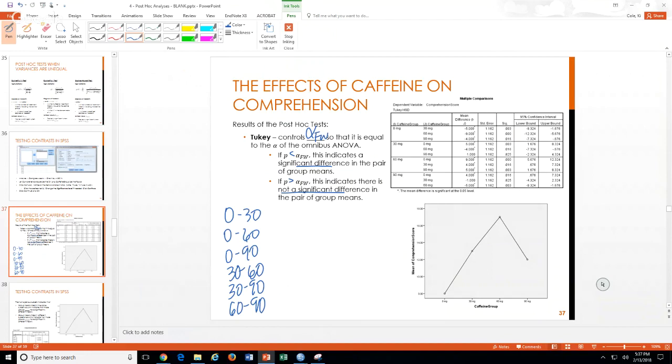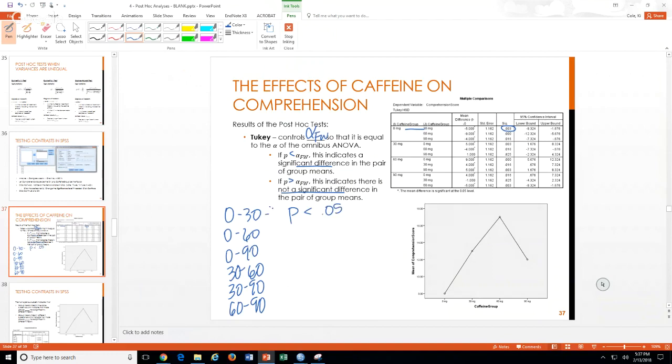So is the 0 and the 30 group significantly different? If we look at the p-value here, does it look significantly different there? P is what? 0.003. Is that less than or greater than alpha 0.05?